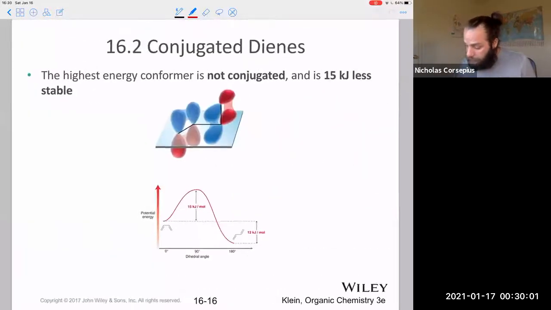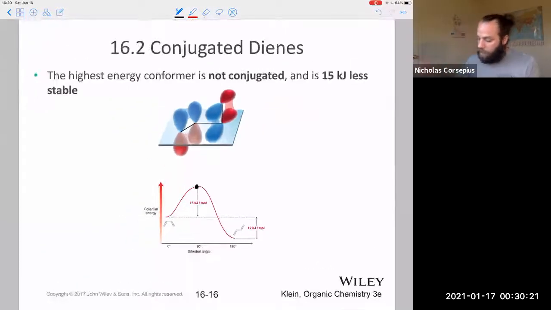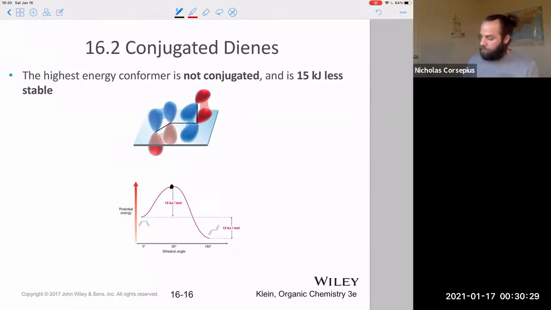So that transition state, this guy right here, is going to look something like this, where you have these two sets of p orbitals that are now perpendicular to one another. So you have to break your conjugation to flip from one to the other. That's why you have this pretty big energy hump that needs to be overcome for an S-cis to S-trans conversion.